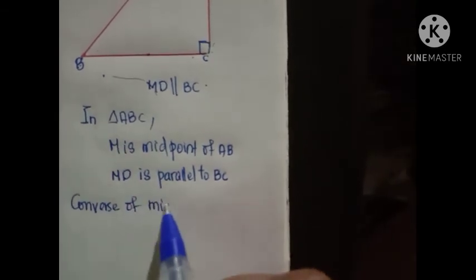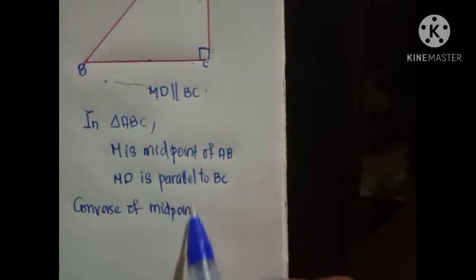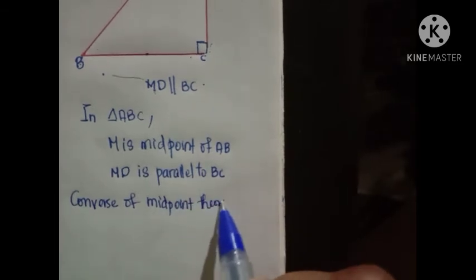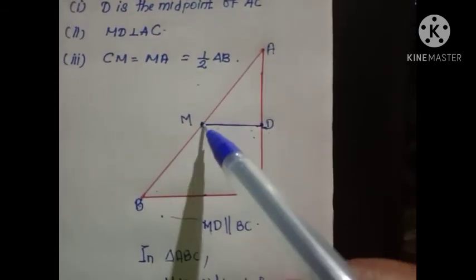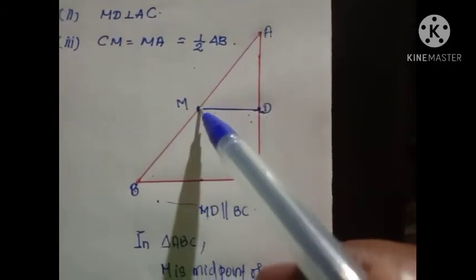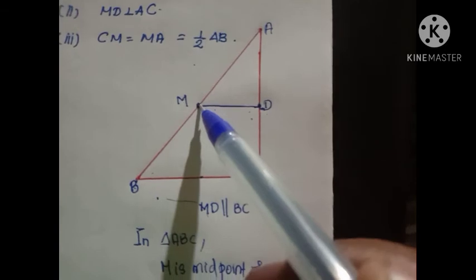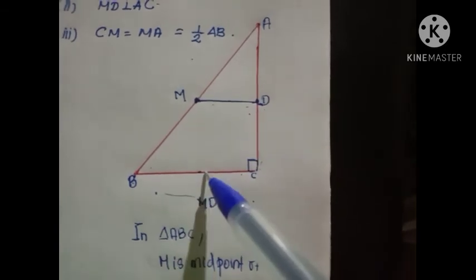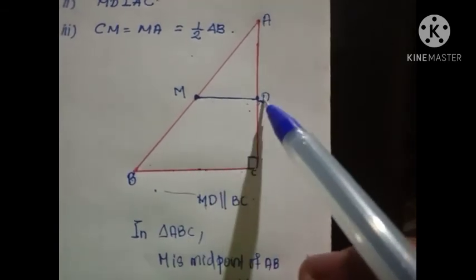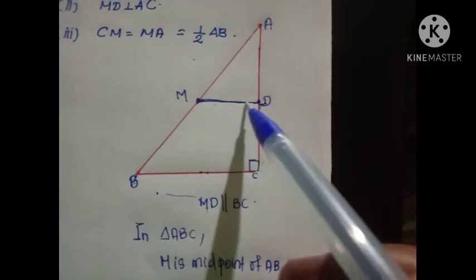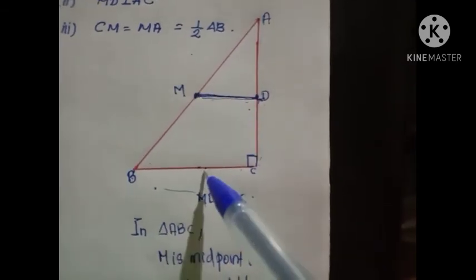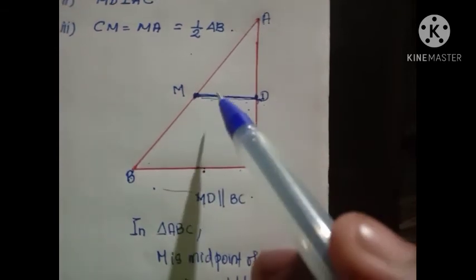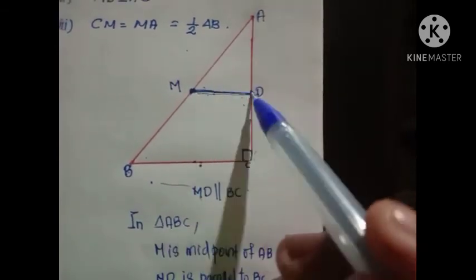What is the converse of the midpoint theorem? It states that a line passing through the midpoint of one side of a triangle and parallel to another side bisects the third side. So MD is the line passing through a midpoint and parallel to another side, and therefore this line MD bisects the third side.